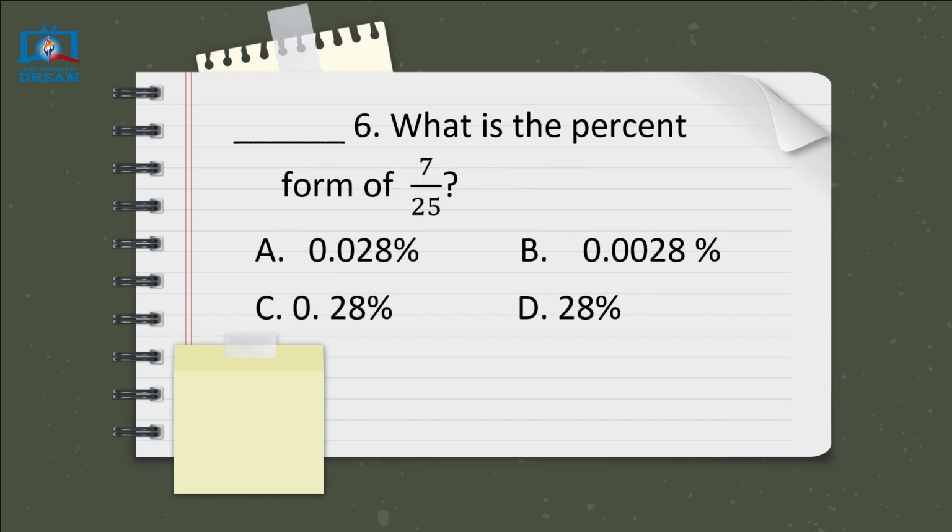Number 6. What is the percent form of 7 over 25? A. 0.028%. B. 0.0028%. C. 0.28%. D. 28%.